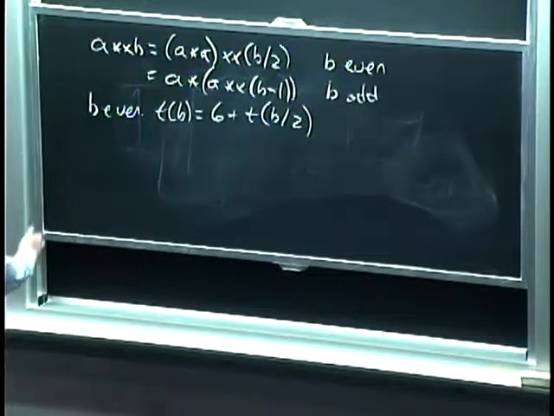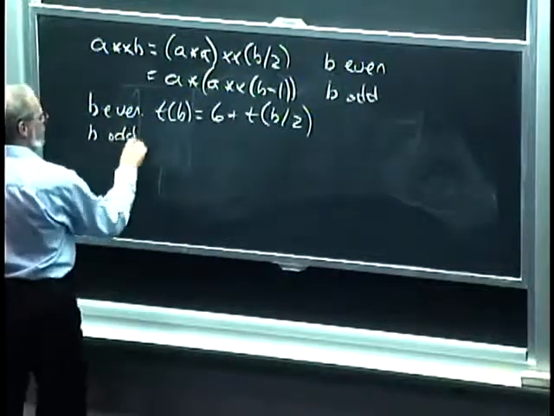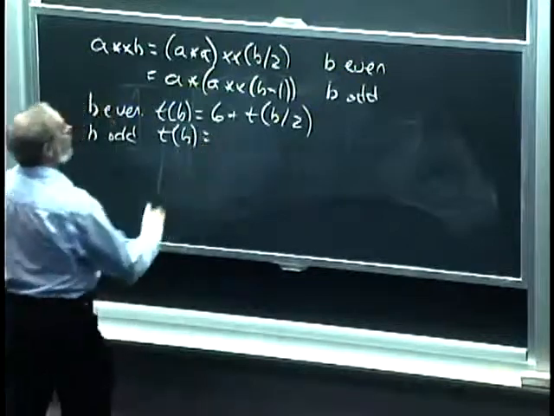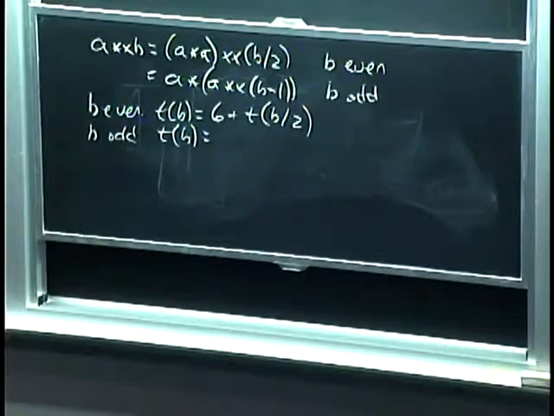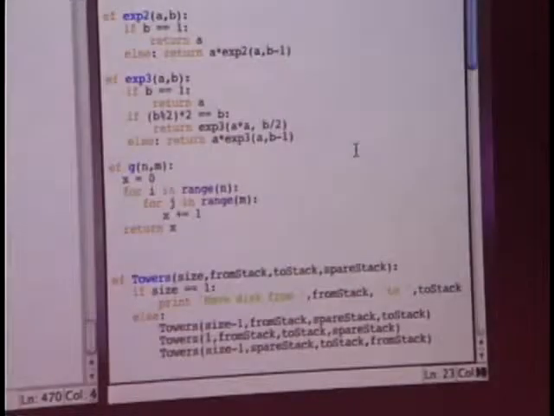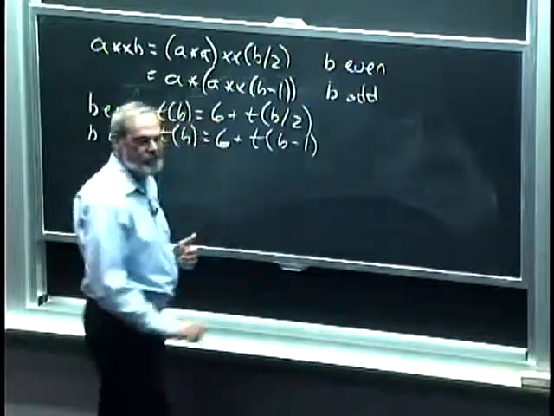If b is odd, well, I can go through the same kind of thing. I've got the same first 4 steps. I've got to check to see it's 1. I've got to check to see if it's even. And then in the odd case, I've got to subtract 1 from b. That's a 5th step. I've got to go off and solve the recursive problem. And then I'm going to do one more multiplication. So it's 6 plus, in this case, t of b minus 1.